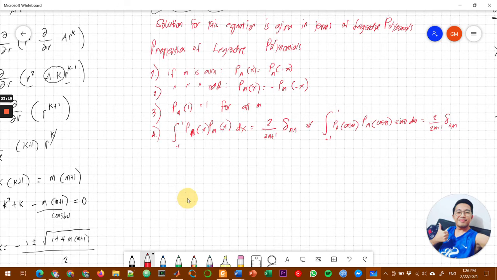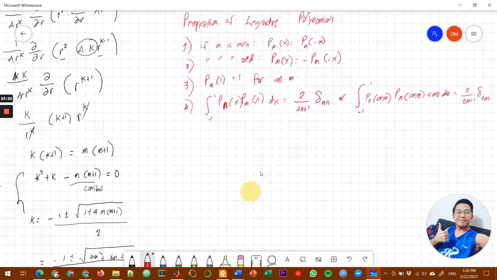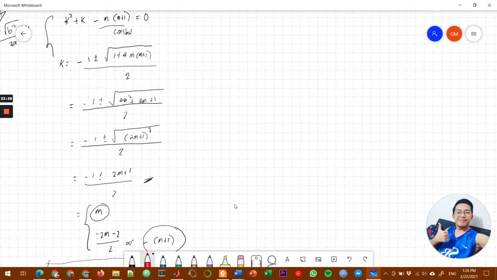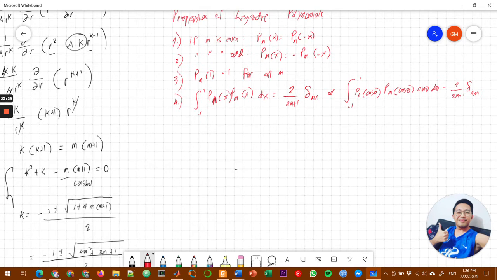So the solution is just the combination of the r and theta parts. Okay, it's separation of variables. So we have V of r, theta equals the sum over all possible m. Okay, m is an integer, starting from 0 up to infinity.